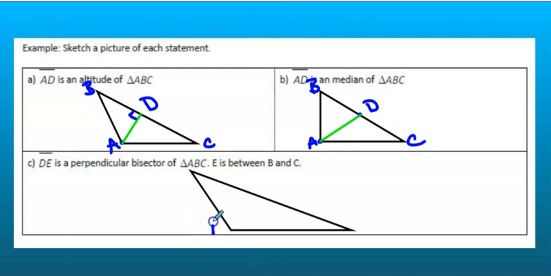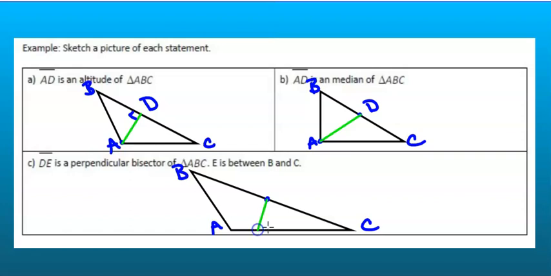So we'll do this again. A, B, C. We want to kind of keep it consistent. Perpendicular bisector. I need the midpoint of BC first. Let's see, that's going to be, I don't know, somewhere maybe right there. And then I need this to be perpendicular. And my line tool is usually pretty good, but it's not.